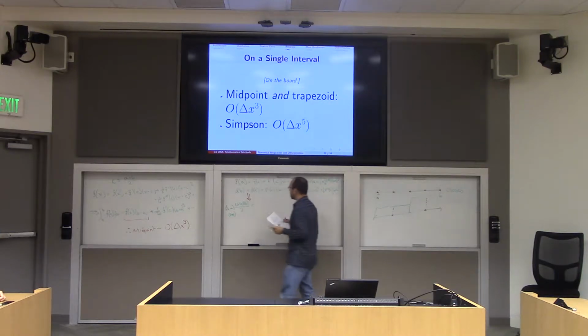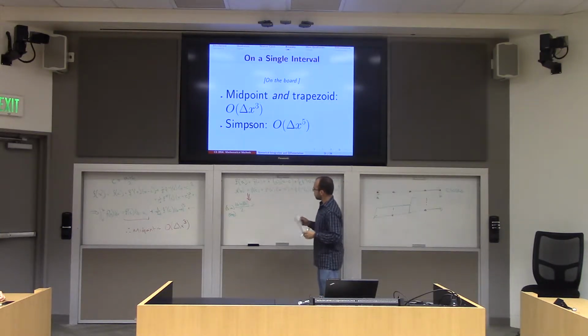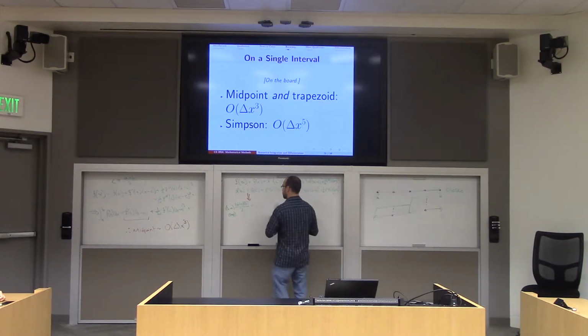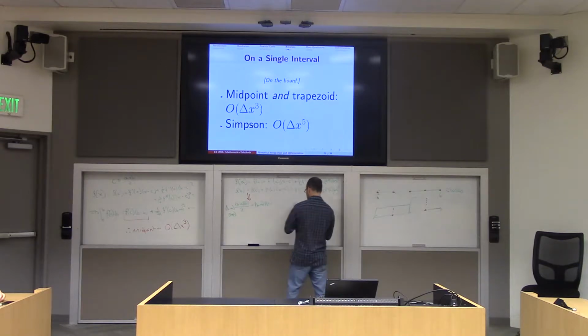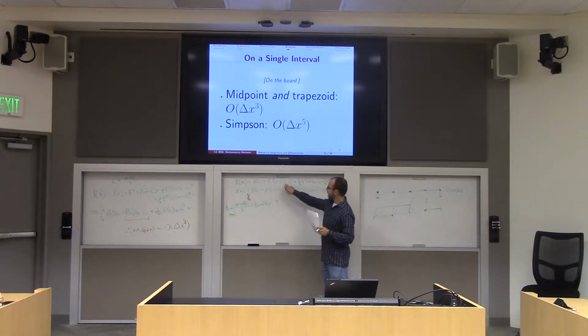Then what is that equal to? Well, you get b minus a times f of c, plus, now, okay, what happens when I add these two terms? Well, you have f prime of c in both cases. You have a minus c plus b minus c.